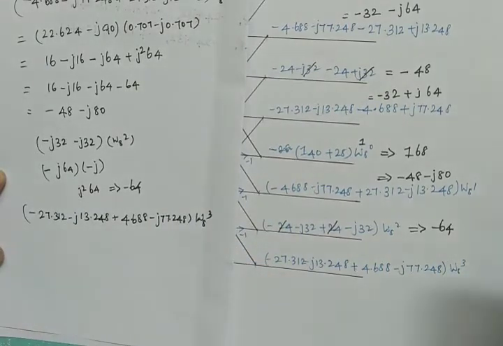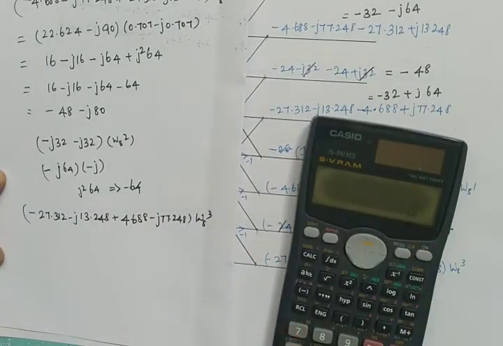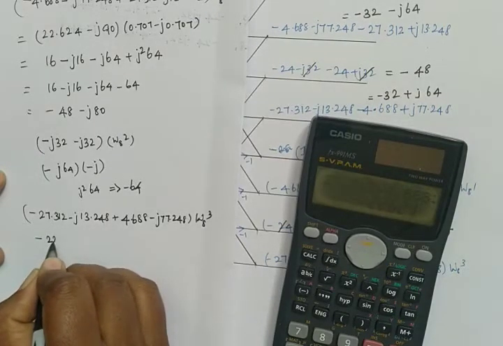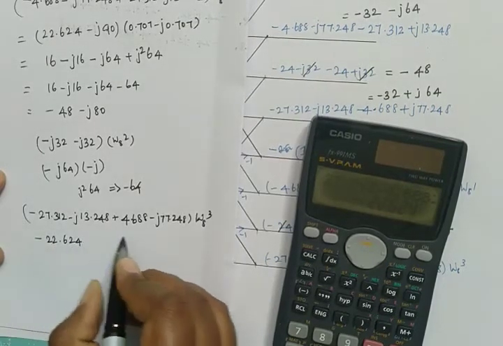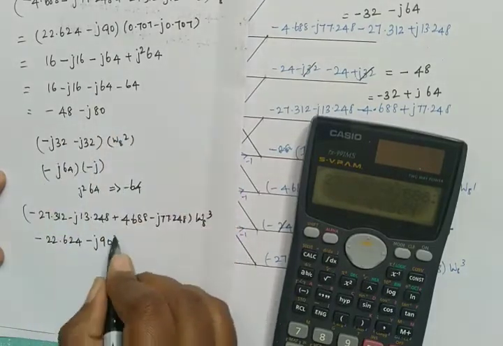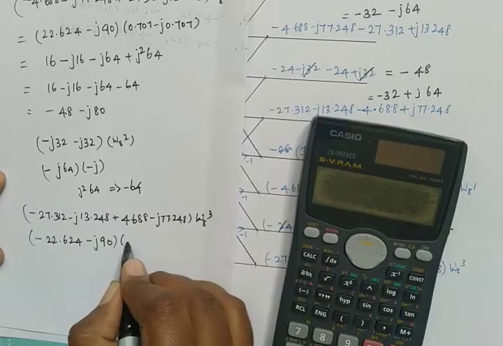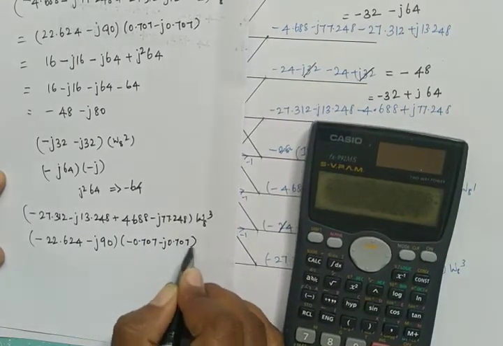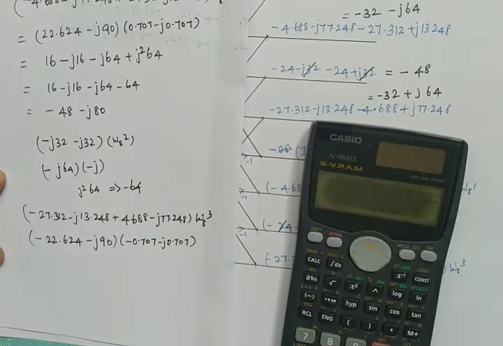So now what is here? 27.312 minus 4.688 is equal to minus 22.624. Then here minus j 90, because already we have used this, into W8 power 3, which is minus 0.707 minus j 0.707. Now 22.624 into 0.707 will be equal to 15.9.